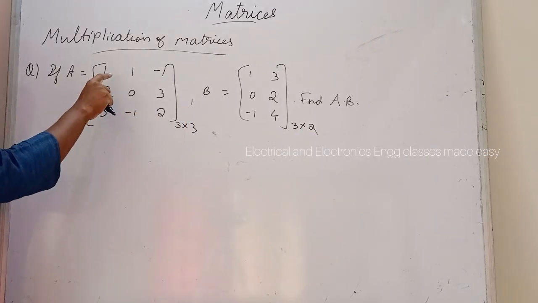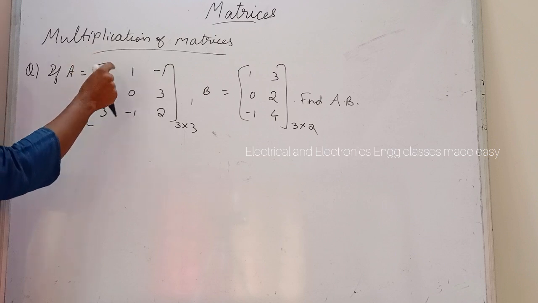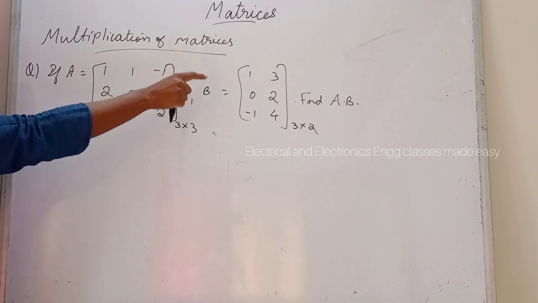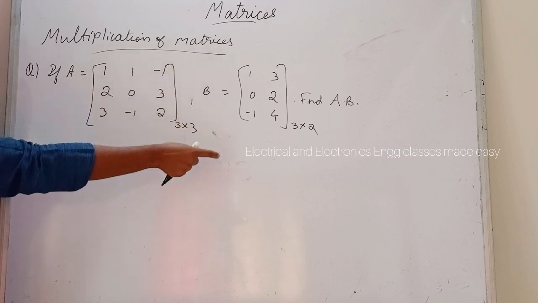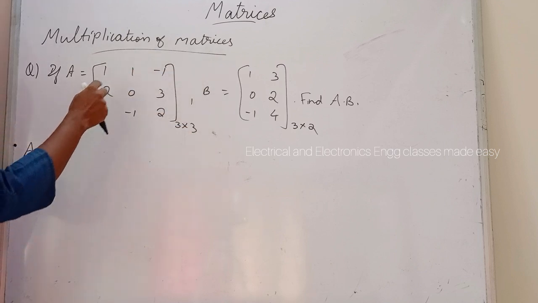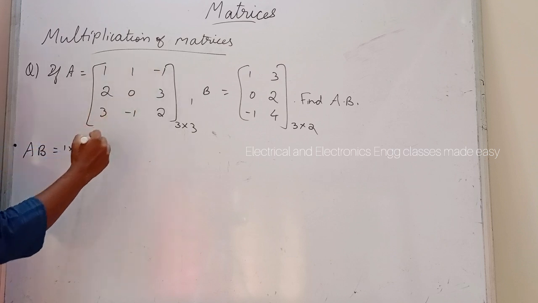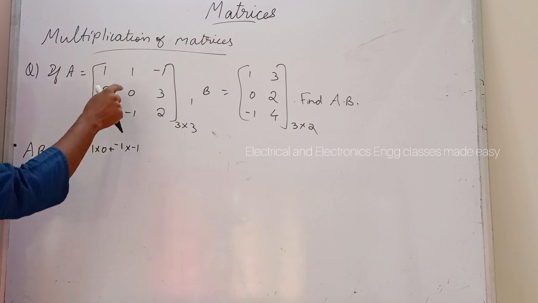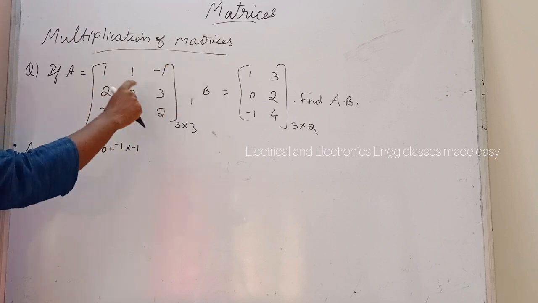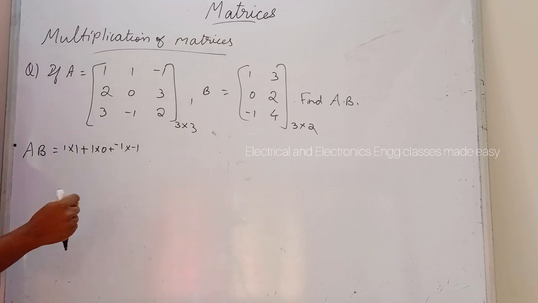So to multiply we have to sum the products of the corresponding elements of the first row elements and first column elements. So 1 into 1 plus 1 into 0 plus minus 1 into minus 1. Then next is first row with the second column.